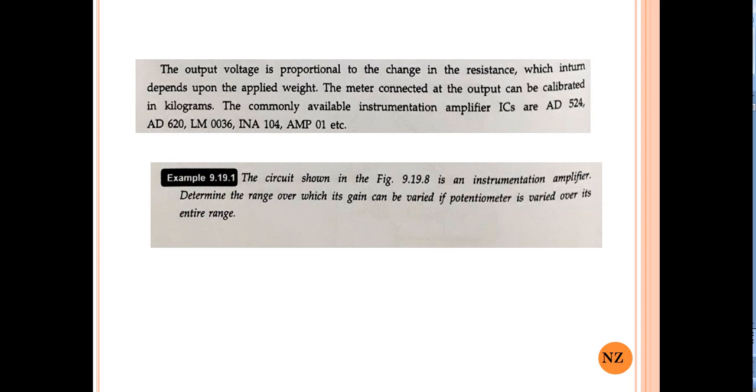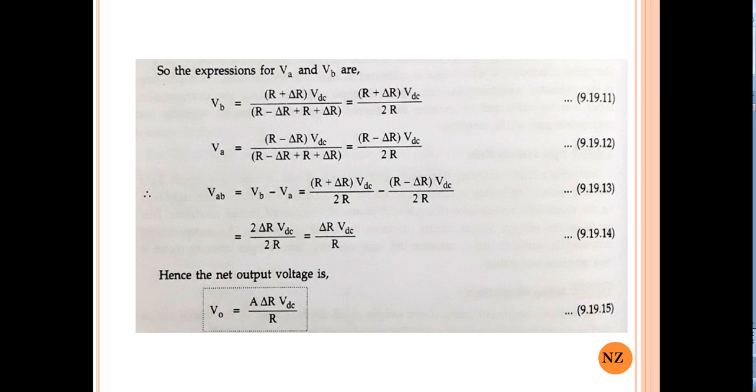So it is clear that our output voltage is proportional to the change in resistance. From this equation it is very much clear that the output voltage is directly proportional to the change in resistance. So the change in resistance reflects what? Weight applied. If you apply some weight, there is some change in resistance.